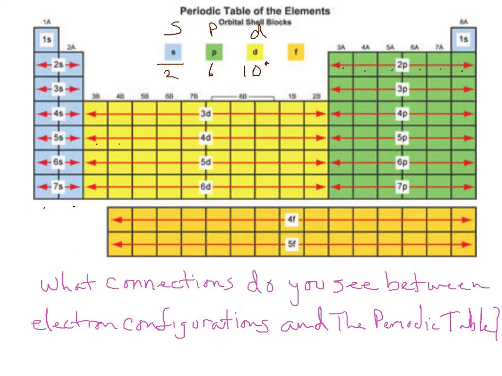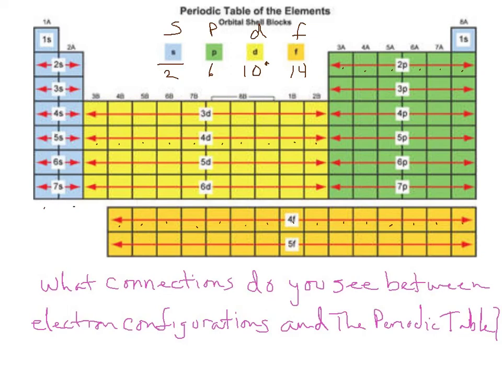Well, 1, 2, 3, 4, 5, 6, 7, 8, 9, 10. Yikes. Let's try this one. The F can hold 14 electrons: 1, 2, 3, 4, 5, 6, 7, 8, 9, 10, 11, 12, 13, 14, 15.